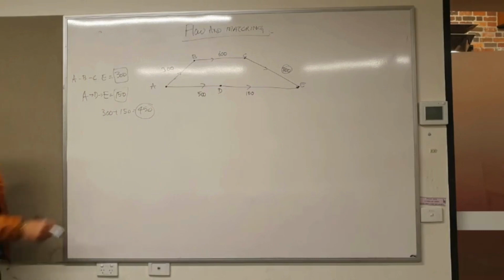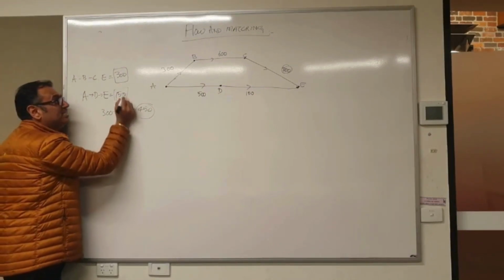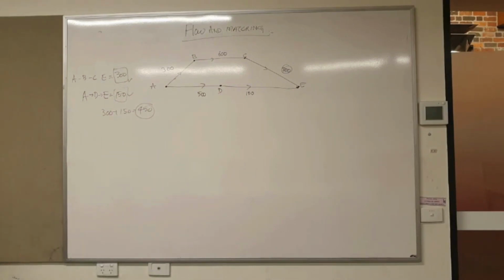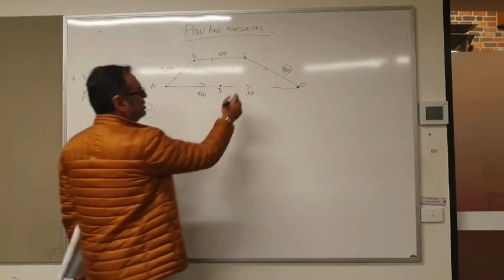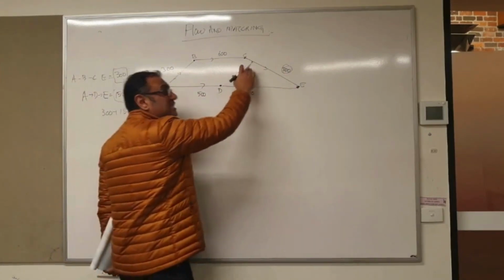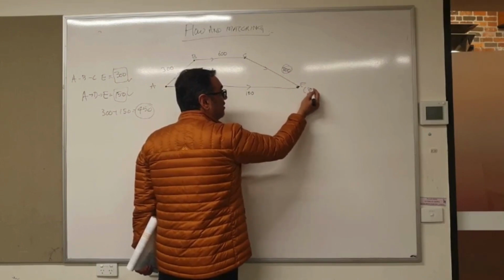So the maximum capacity that can flow from A to E is the combination of the two minimums. Does that make sense? So it's 450. Why 450 is the question again. Because this road has the capacity to throw 800 cars at E at the end of the day.